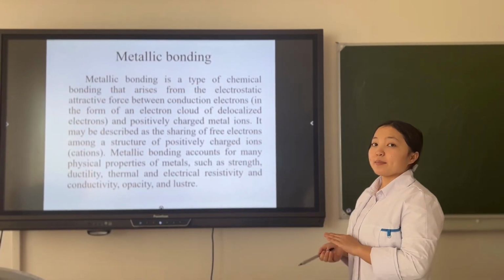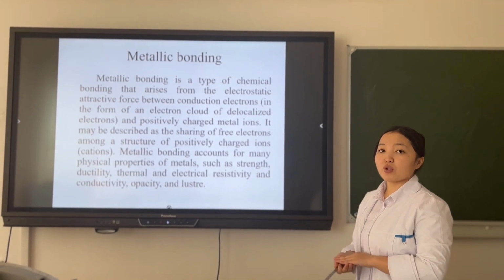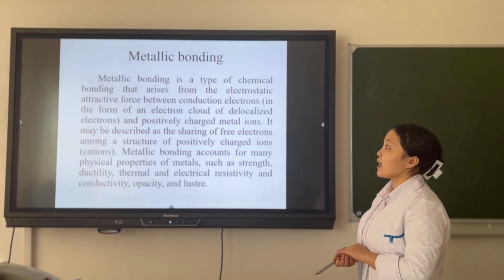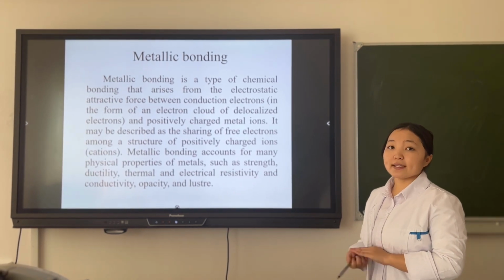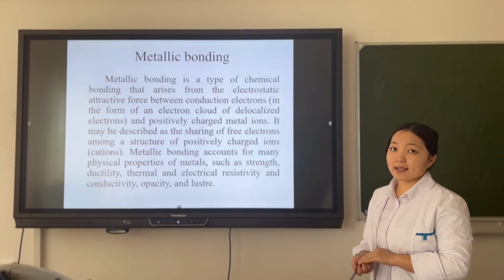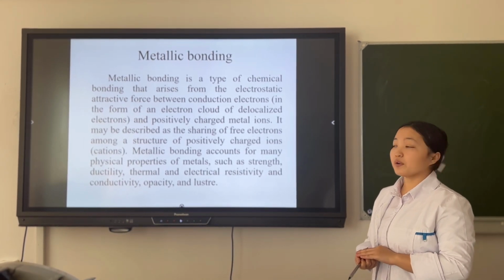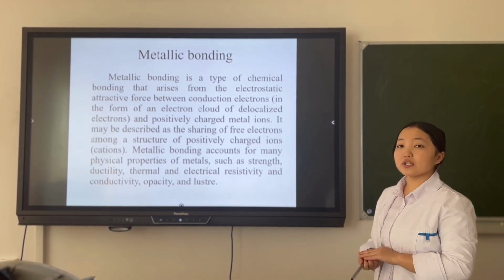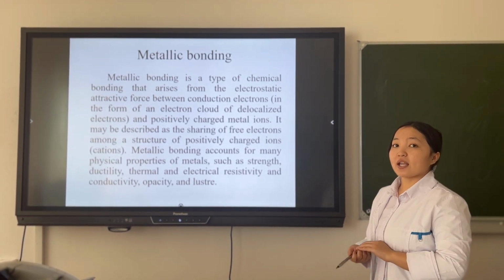The next, metallic bonding. Metallic bonding is a type of chemical bonding that arises from the electrostatic attraction force between delocalized electrons and the positively charged metal ions. It might be described as the sharing of free electrons among a structure of positively charged ions.